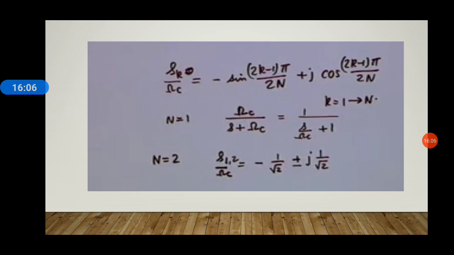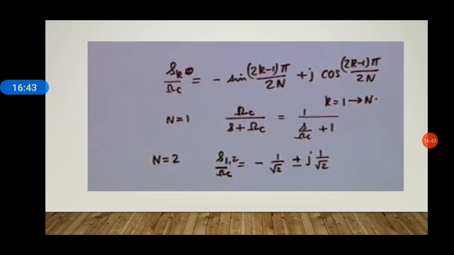If we put n equal to 1, k goes from 1 to n, so we have minus sine pi by 2 plus j cos pi by 2. Cos pi by 2 is 0, sin pi by 2 is 1. So s 1 by omega c is equal to minus 1. So the pole becomes 1 by s by omega c plus 1.